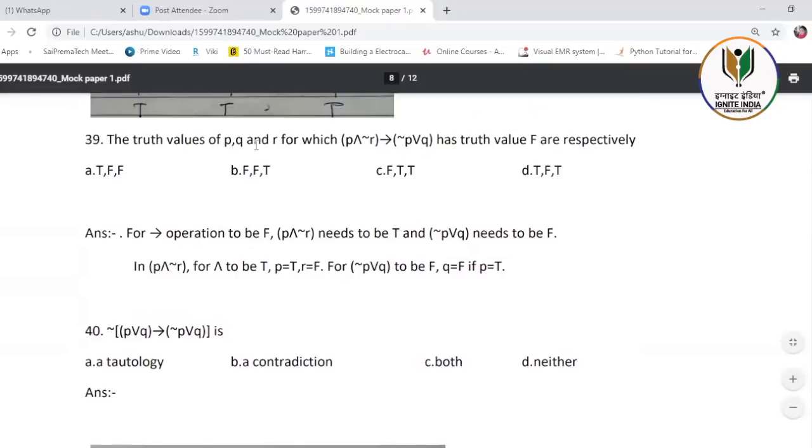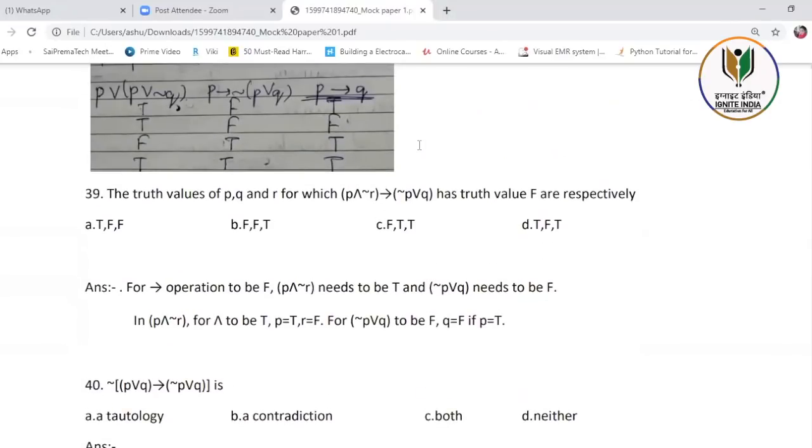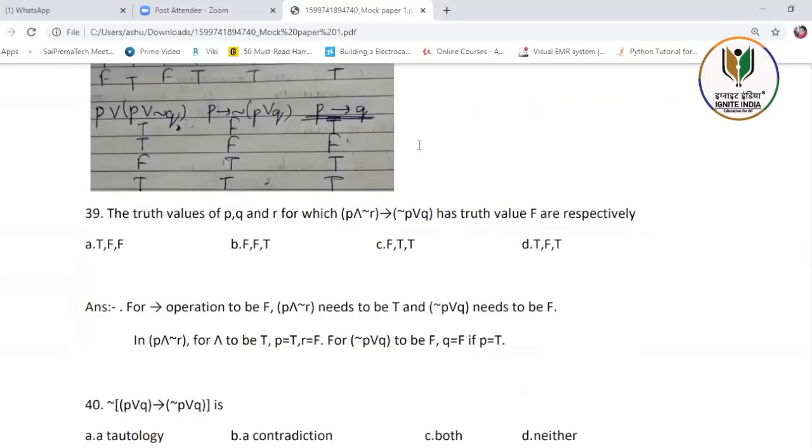See, next one, the truth values of P, Q, and R for which P and negation of R, conditional, negation of P and Q. Okay, consider this conditional to be false, so the first should be true and the second should be false. P and Q should be false.